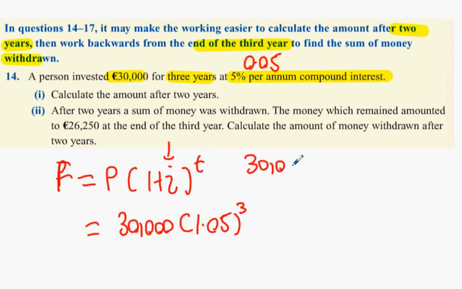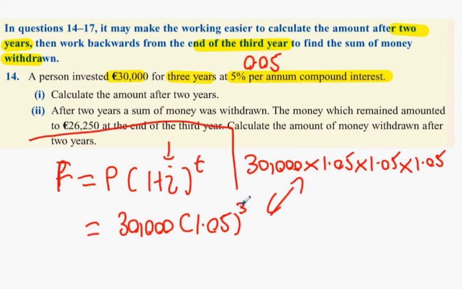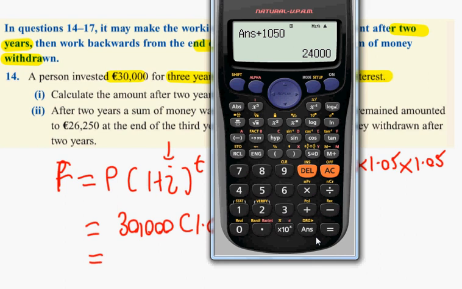That's actually the same thing as increasing it by 5% once, increasing it by 5% twice, increasing it by 5% 3 times. They're actually the same method. Okay? Advantage of this is it's in your notes. Now, what we're going to do there, guys, is 30,000 multiplied by 1.05 cubed.